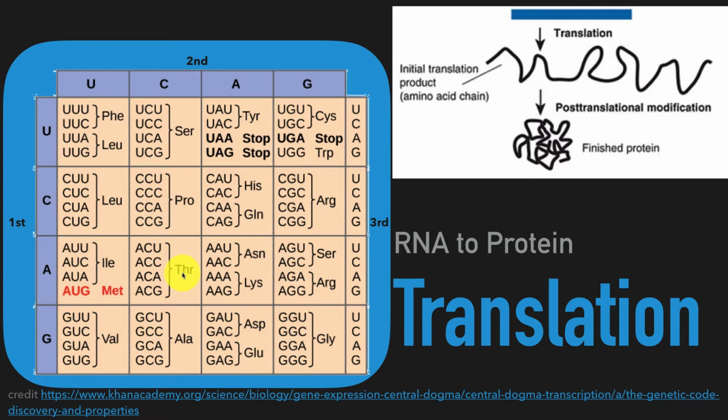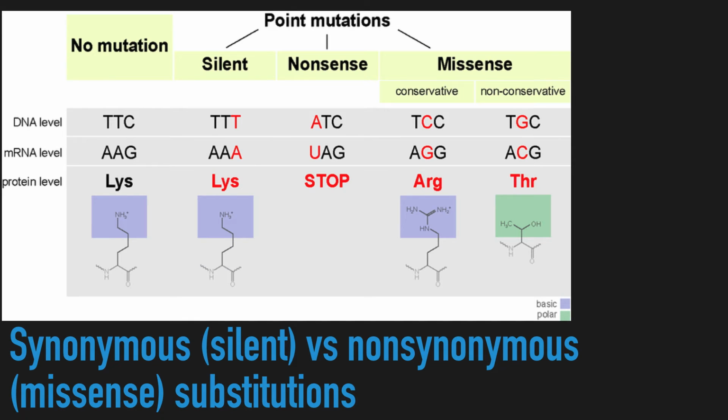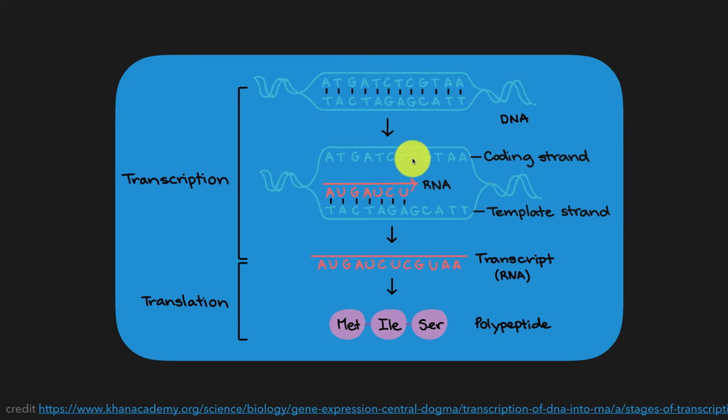Okay, and then here's just a breakdown of how we term some of these different mutations or substitutions. You can have silent, where it doesn't change the amino acid, nonsense, where it inserts a stop codon, and missense, where it changes the amino acid. Here's a nice figure illustrating, again, that DNA is double-stranded. You generate your RNA transcript from one side.